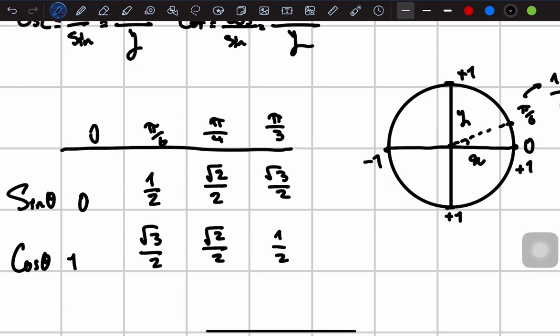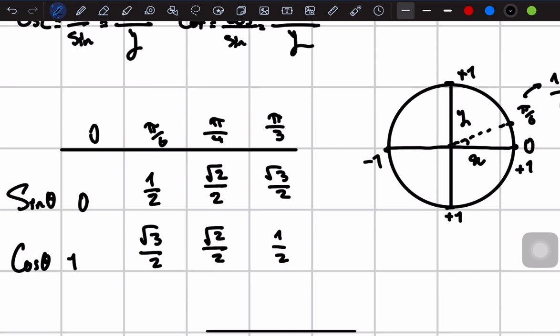What I meant was, if you look at it here, we said 1 over 2, square root of 2 over 2, square root of 3 over 2. And we follow exactly the same pattern, but in reverse, because for cosine we start off with square root of 3 over 2, square root of 2 over 2, and 1 over 2. So we basically inverse the whole thing, and you can memorize one of them.